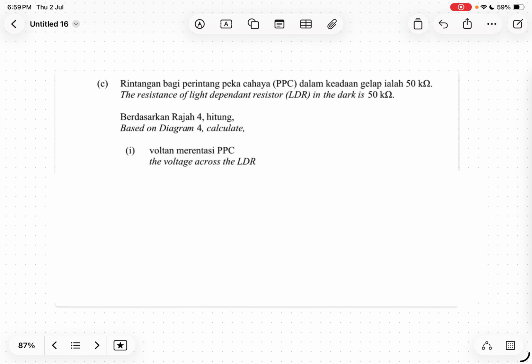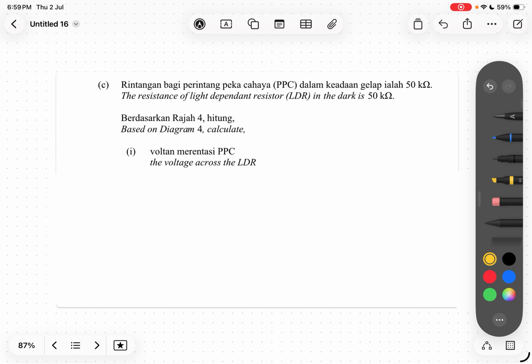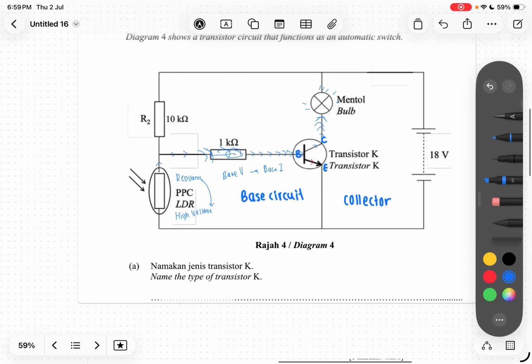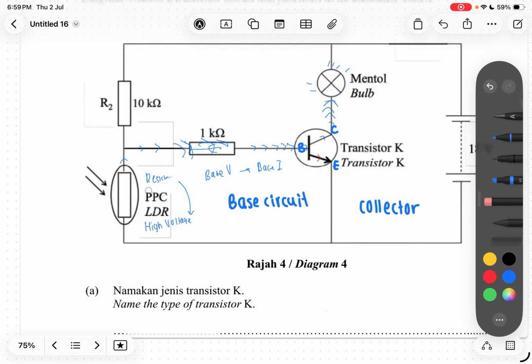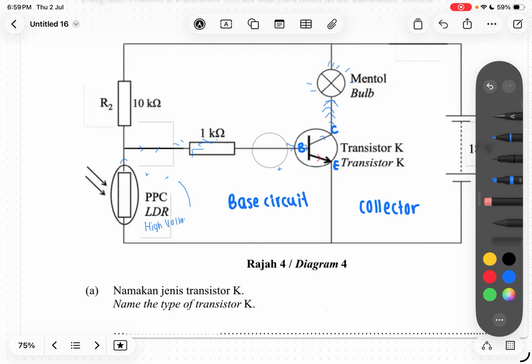Okay. Next. The resistance of the light-dependent resistor, LDR, in the dark is 50 kΩ. Okay, please look at the unit. Look at the unit. Based on diagram 4, calculate the voltage across the LDR. So they want us to find the voltage across the LDR.